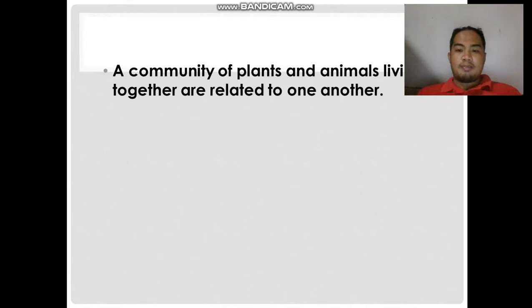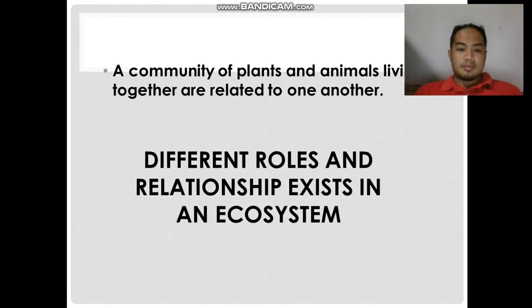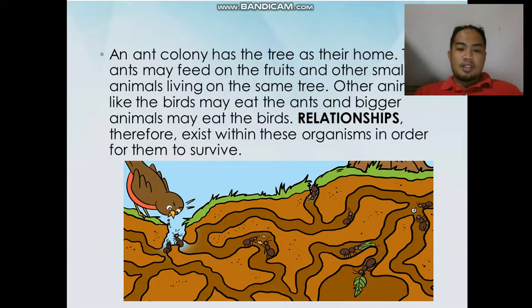A community of plants and animals living together are related to one another. How? We are going to discuss the different roles in the relationships that exist in an ecosystem, because the different plants and animals living together are related to one another. First, we will discuss an ant colony. An ant colony has the tree as their home.